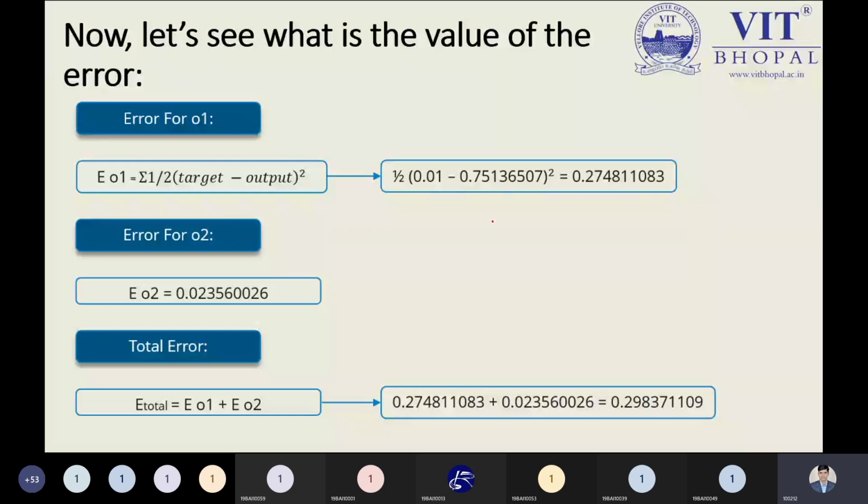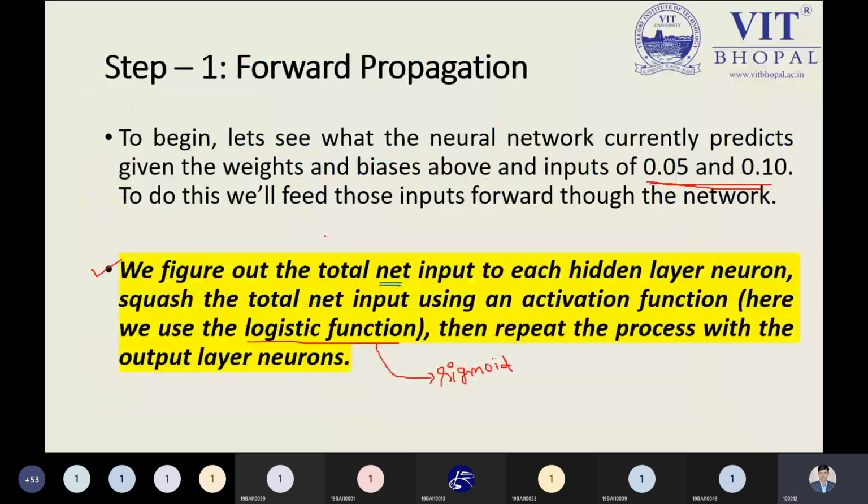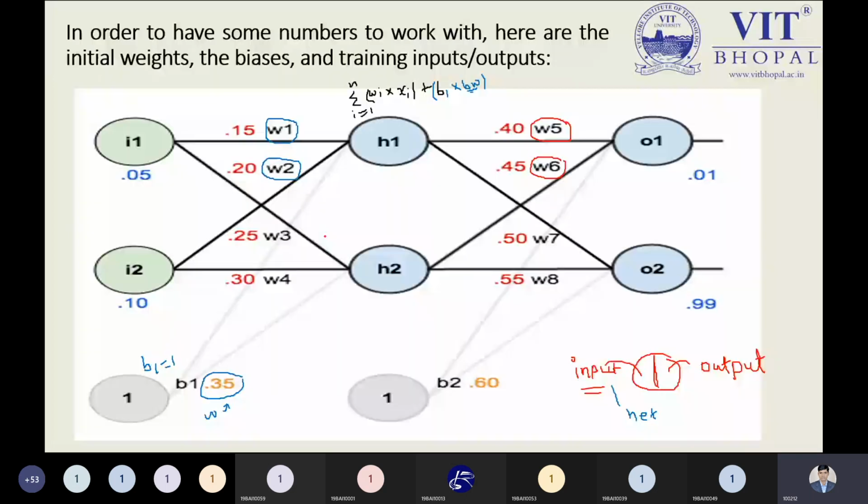Now let us understand what we are expecting. See this diagram. What is written here? O1 is expecting 0.01, and O2 is expecting 0.99.